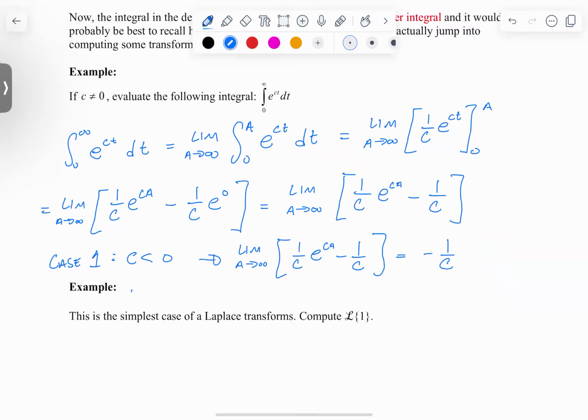The first piece then, case 2: C is above 0, and exactly the other problem, that limit blows up to infinity, which means that's not helpful.